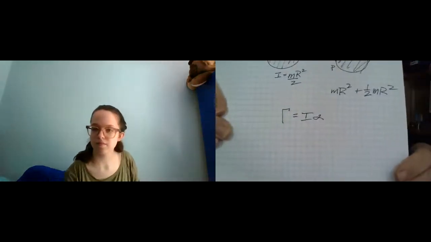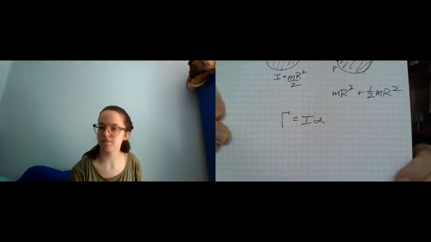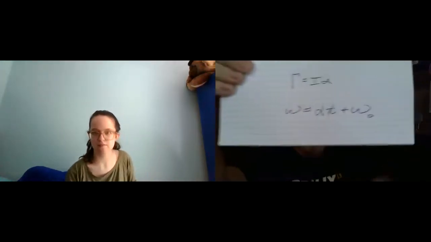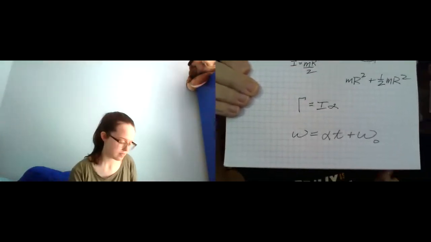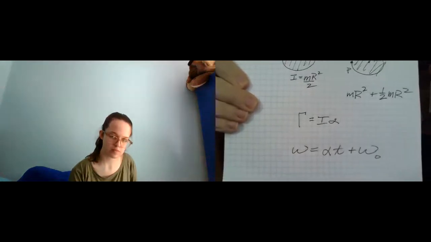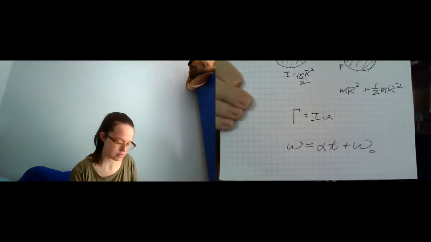So the first thing we know is that it's a constant torque, and that tells me that alpha is going to be constant. Okay, well in that case, my velocity equation is this. And that means that velocity is linear with respect to the acceleration.